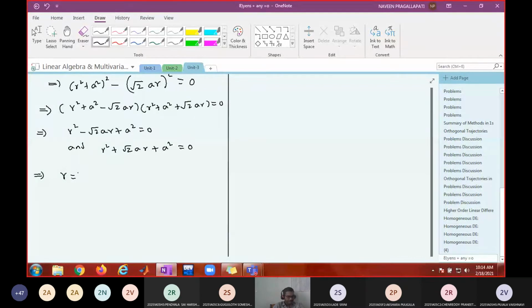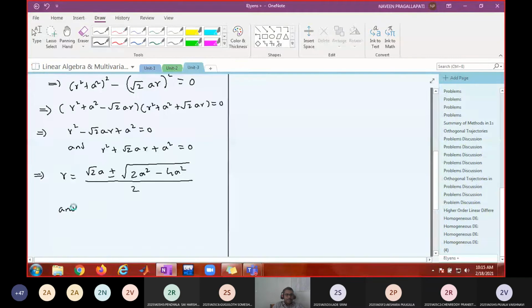Can you tell me? Minus b. What is minus b? Root 2a plus or minus root b square. That means 2a square minus 4ac. That means 4a square, by 2.